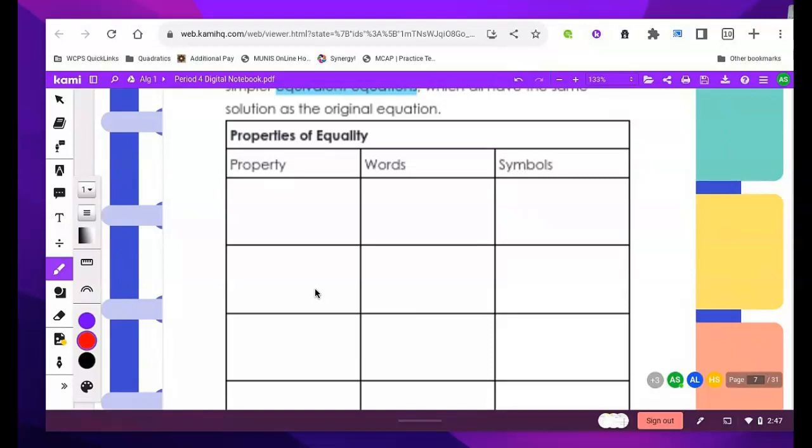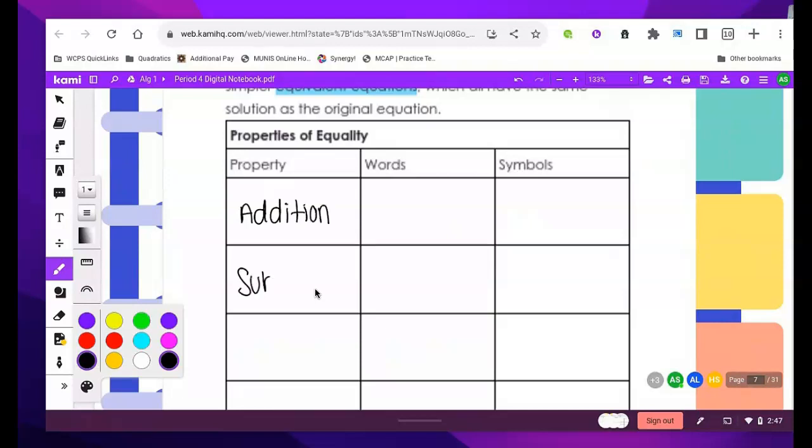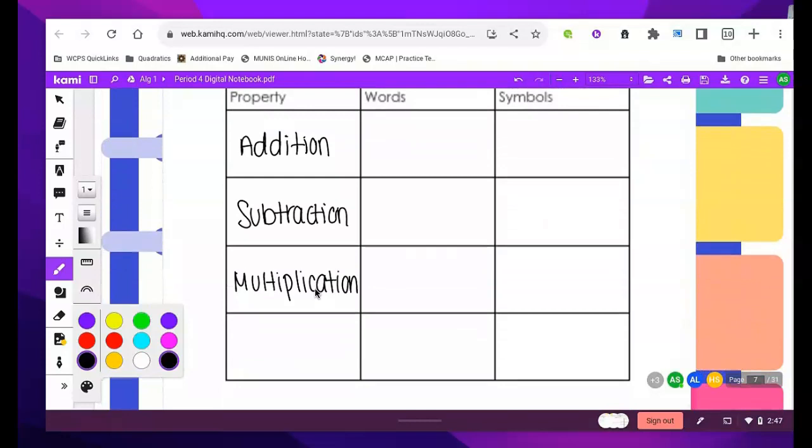So we have first the addition property. Then we have the subtraction property. Then we have the multiplication property. And finally, we have the division property.